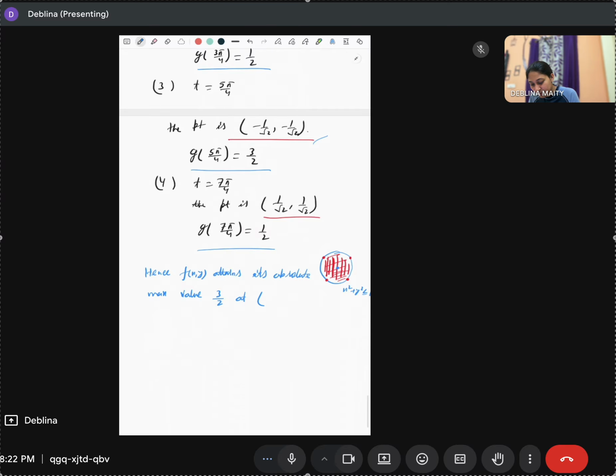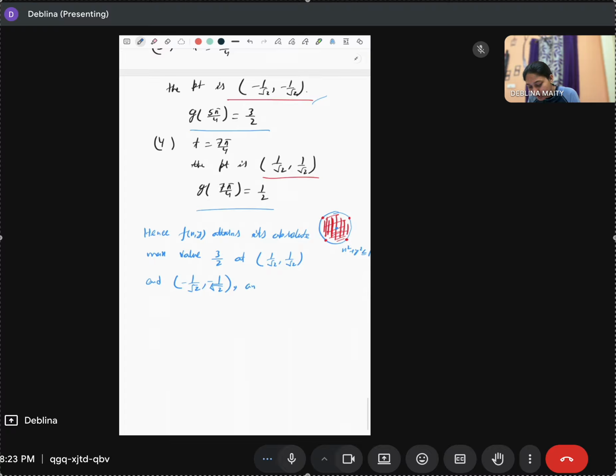Also it attains its absolute minimum 0 at the point (0, 0), right?